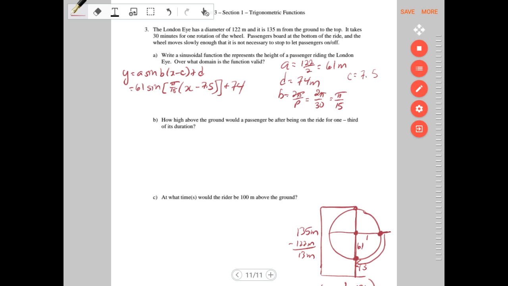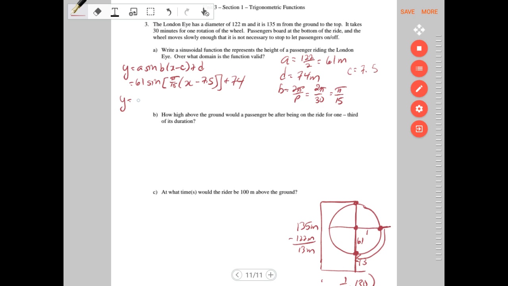You could also do this with cosine, and then you wouldn't have to worry about the horizontal shift at all, because if we're starting at the bottom, then that would just be a reflection, because remember the cosine graph usually starts at the top, at the maximum. If we're starting at the minimum, then you would just have to put A as a negative and not worry about a horizontal shift.